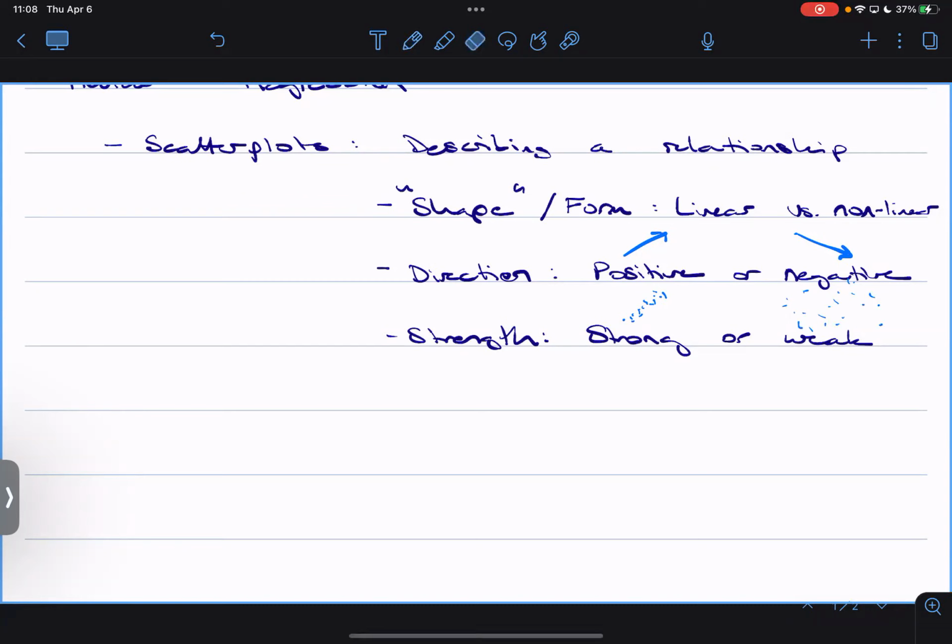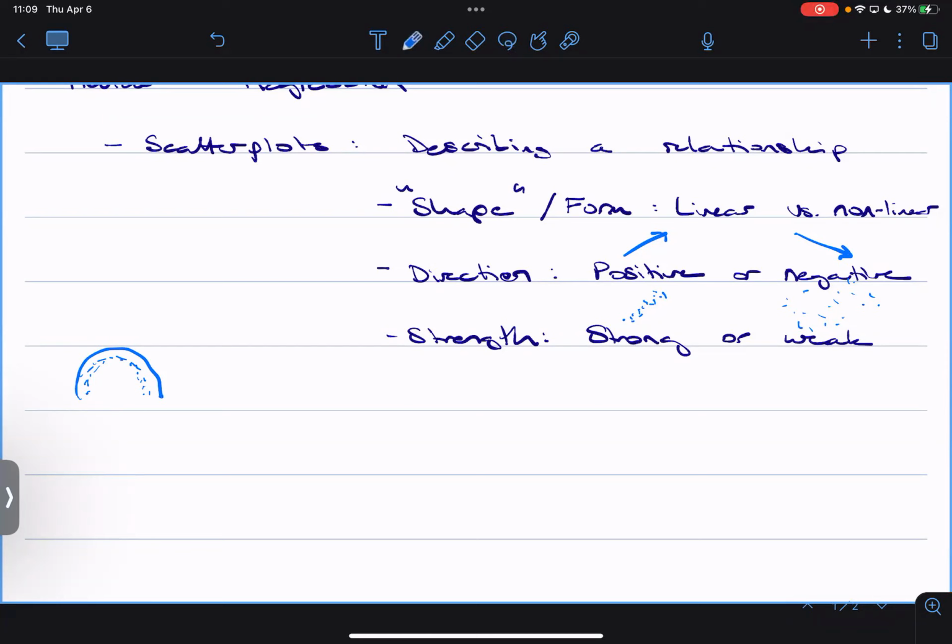Yeah, so you can have a scenario where you have something that looks like this. Then you have a very strong non-linear relationship, right? And you can model this. You can model it, but we're not going to. We're not going to deal with anything that's non-linear.